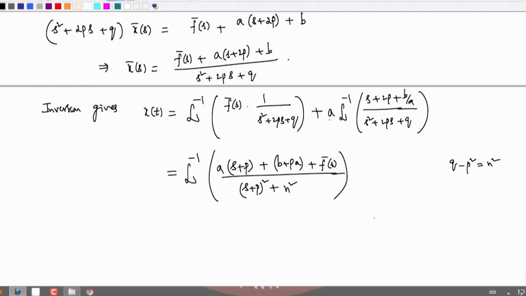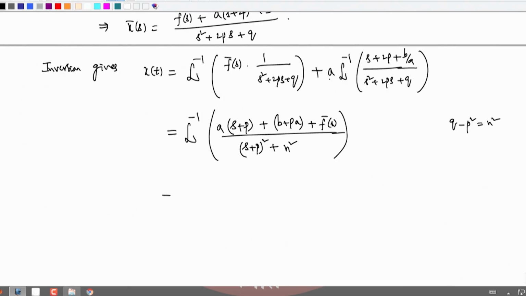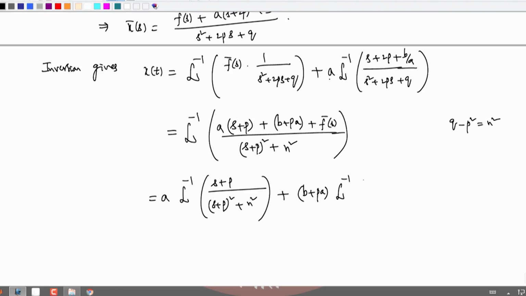Let me put it in this form so that you can write directly its inversion. So a comes out, the Laplace inversion of s plus p divided by s plus p whole square plus n square, plus b plus pa times the L inversion of 1 by s plus p whole square plus n square.